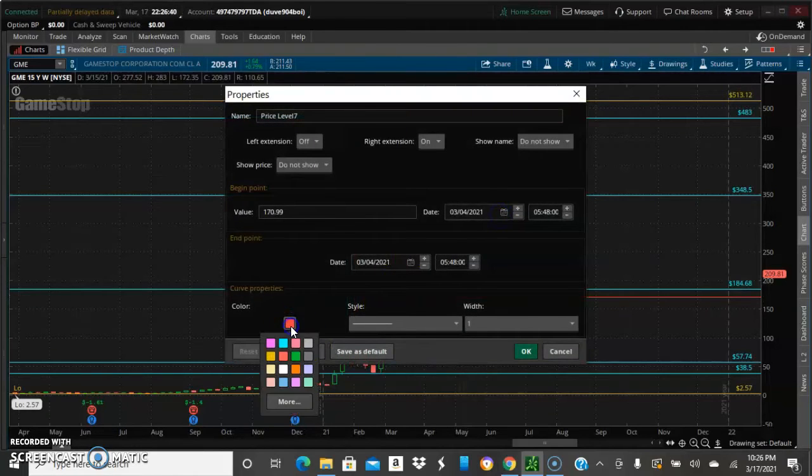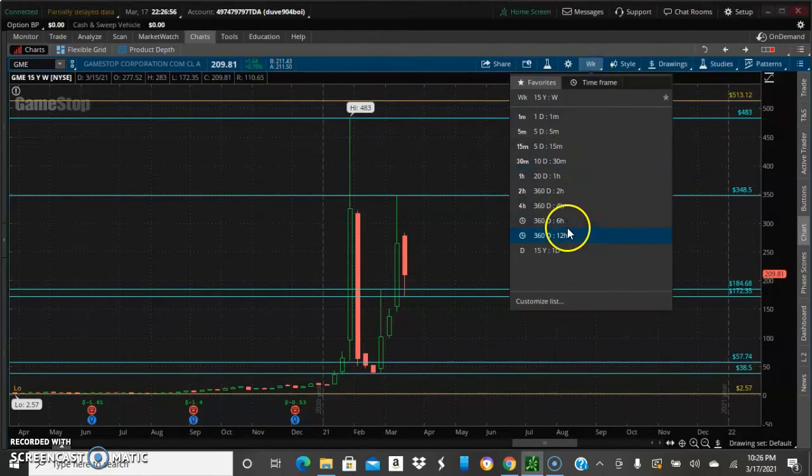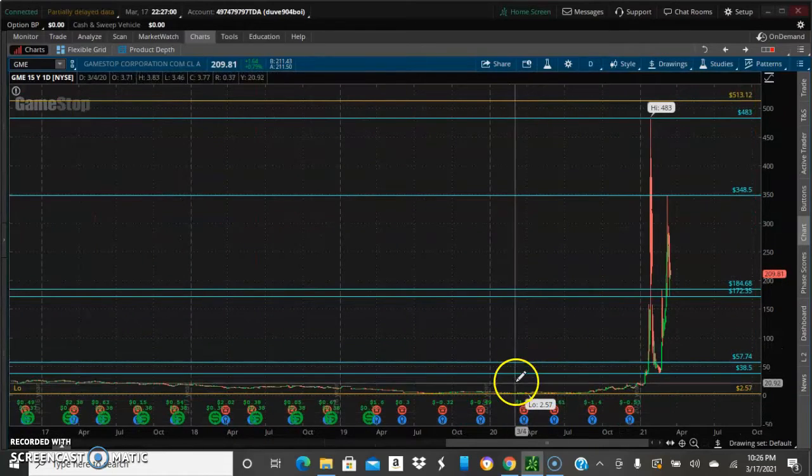We'll go to the day chart in just a moment. Let's go to the day chart and get this thing marked up from the day chart. Y'all see this.